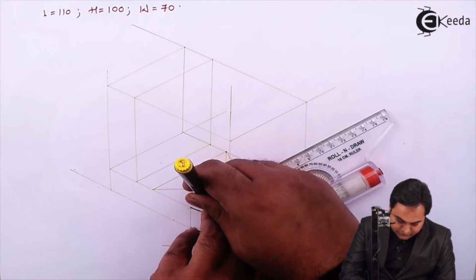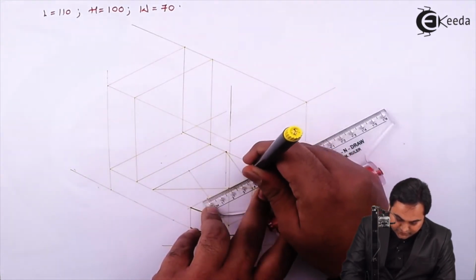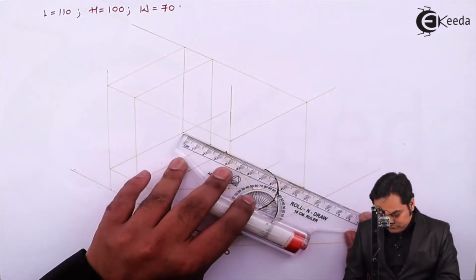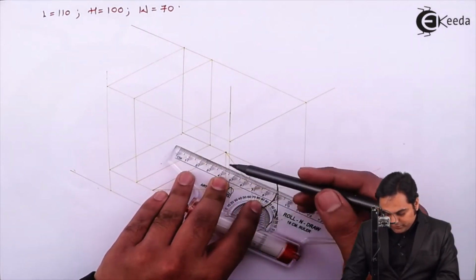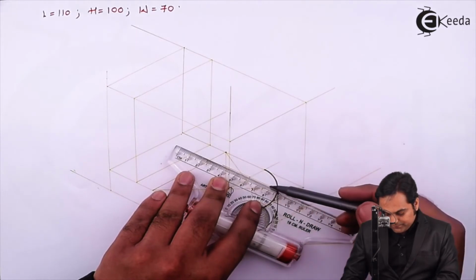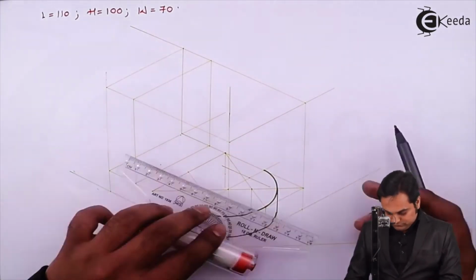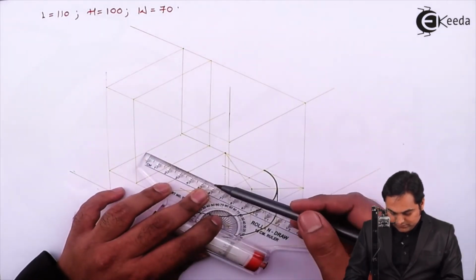So measuring 20 and 20 on both the sides. Here through this point I am drawing a light parallel line, another light parallel line, and a light line through the center.